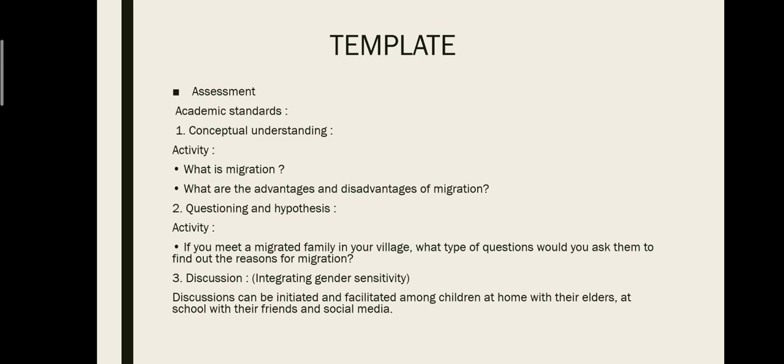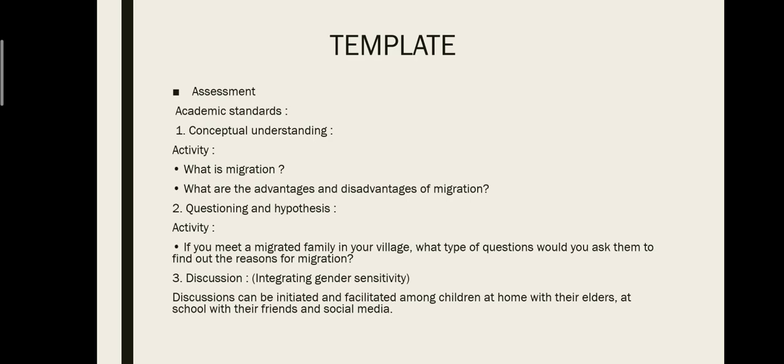Then the second one is questioning and hypothesis. Under this, the activity is: if you meet a migrated family in your village, what type of questions would you ask them to find out the reasons for migration? With this, the students have to develop the questioning activity. Next, discussion.